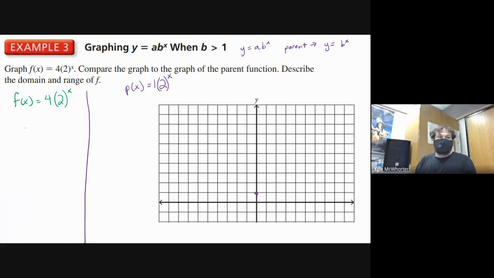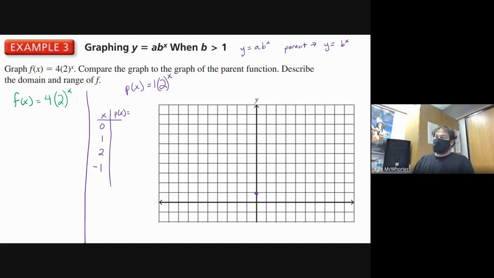Okay, let's go ahead and graph our parent function first. Let's pick some x values, like 0, 1, 2, maybe -1. Then we'll figure out what the y value, or p of x value, is.